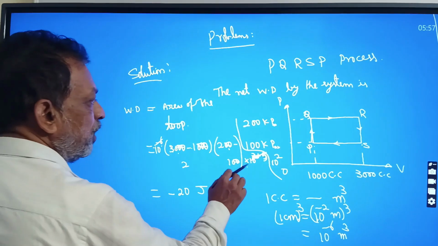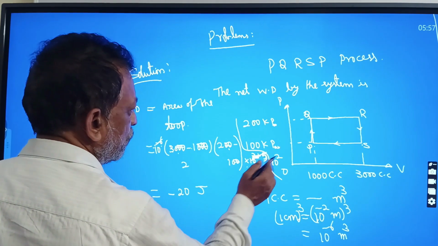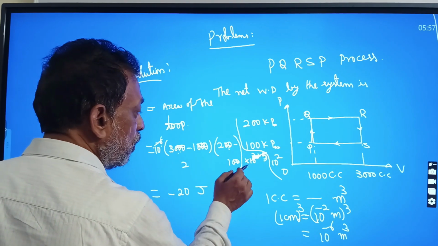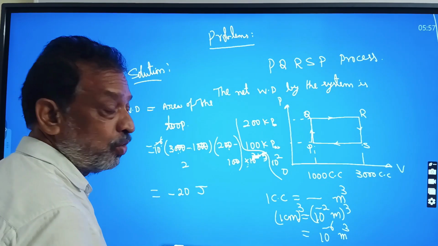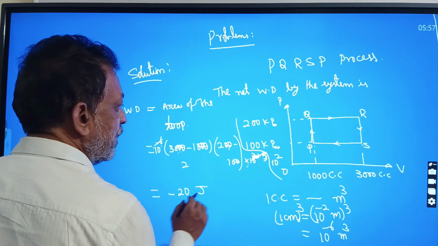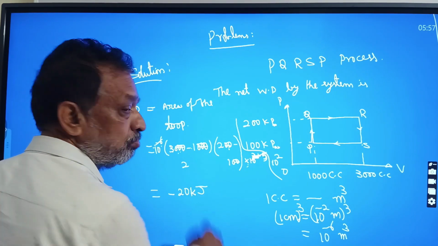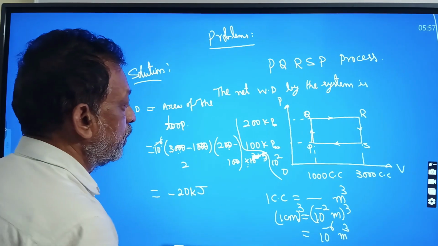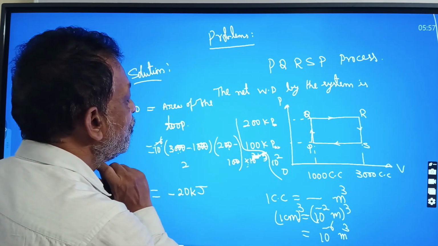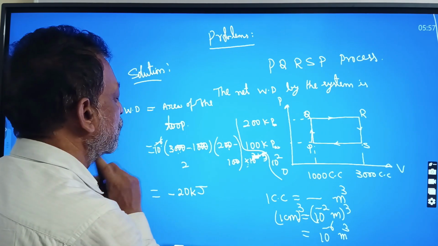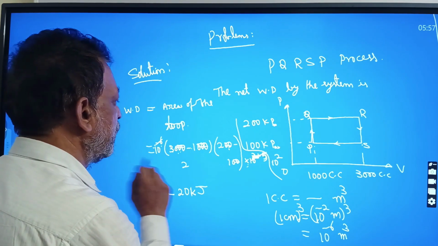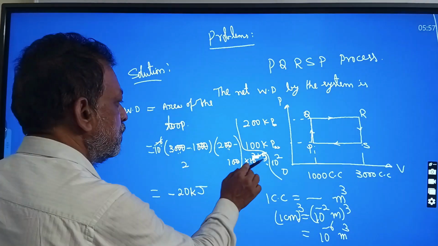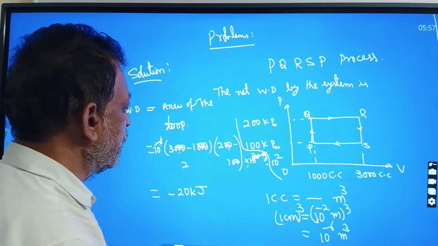So I can say kilo. Kilo written. So this is 3, 2. What about kilo? Another 3. Otherwise I can say kilojoule. Kilojoule. Kilowatt, where you have to take kilo? That's all. Understood? Kilo, keep it outside. 3 to 5 minus 6 plus 5 is minus 1.